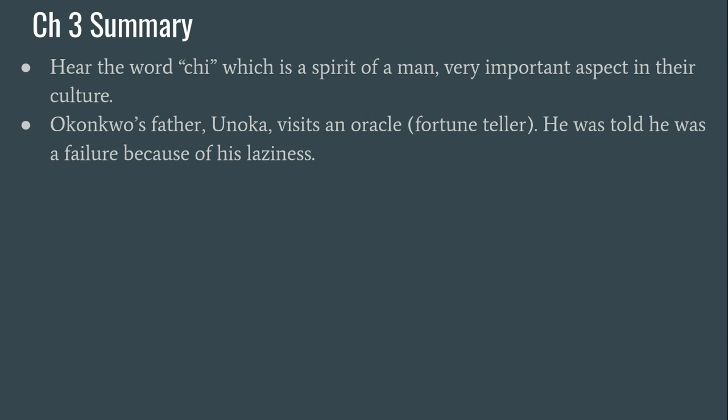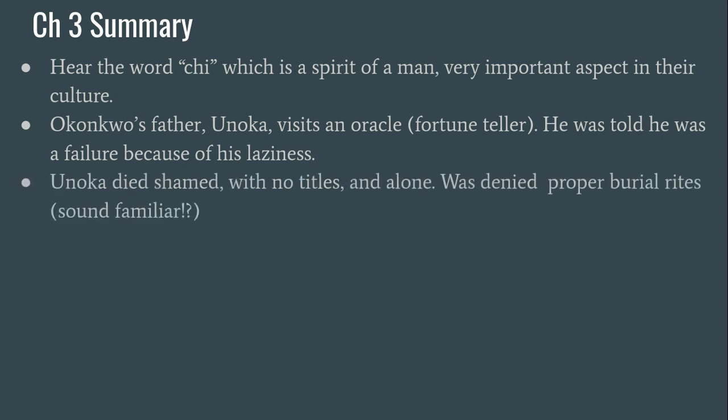Okonkwo's father visits an oracle, and this is where we learn a lot about how he was that failure. An oracle, which is kind of like a fortune teller or a soothsayer, tells him that the reason he's a failure is because of his laziness, and he's never going to become pretty much anything. And so that solidifies for us that he was kind of a loser.